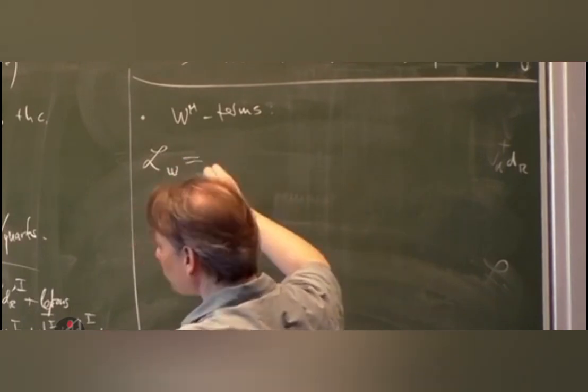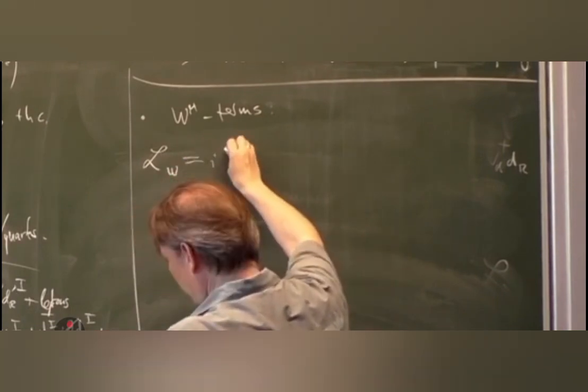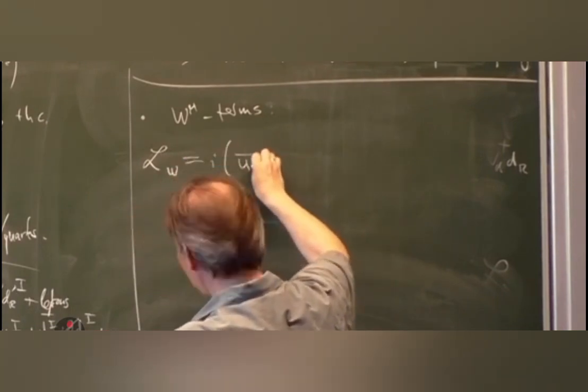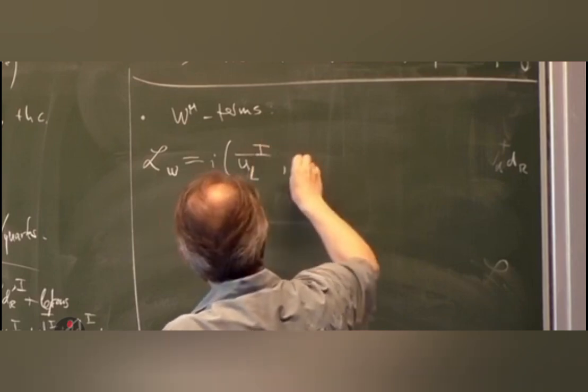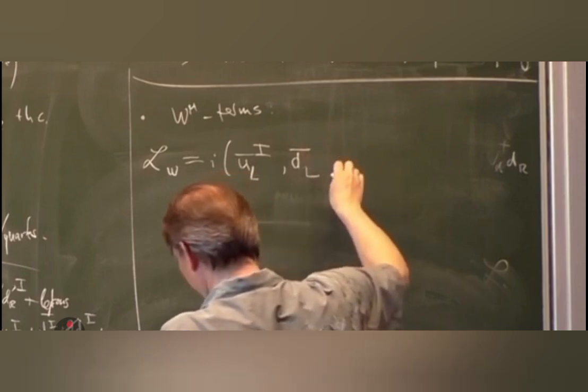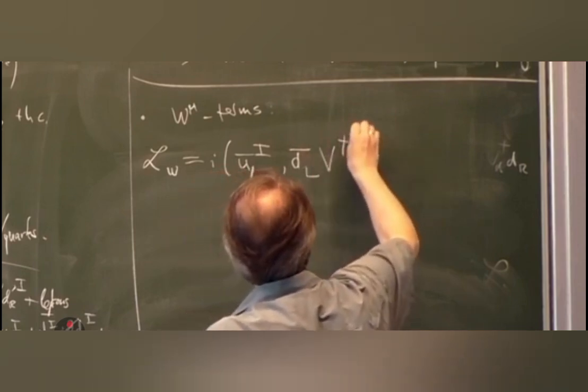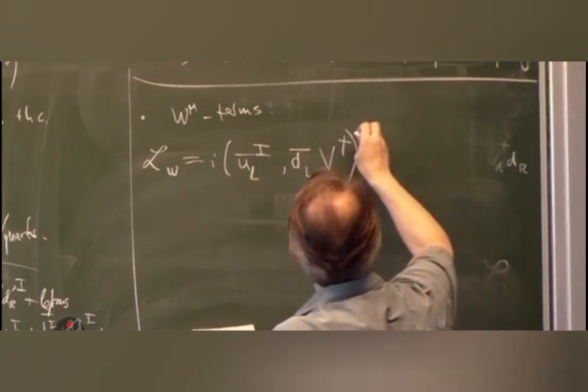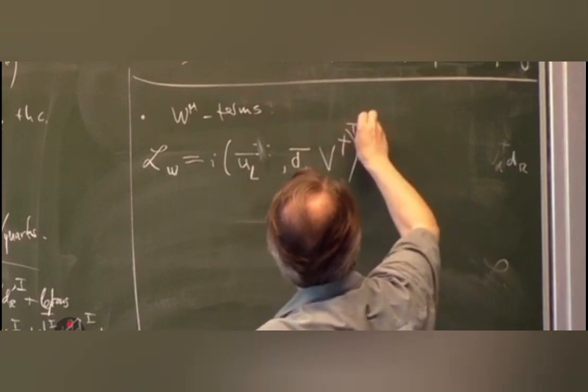The W interaction looks like this: i times ū_L^i, comma, d̄_L times V†, let's say overall index i.